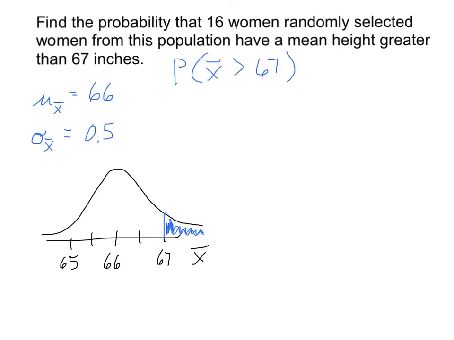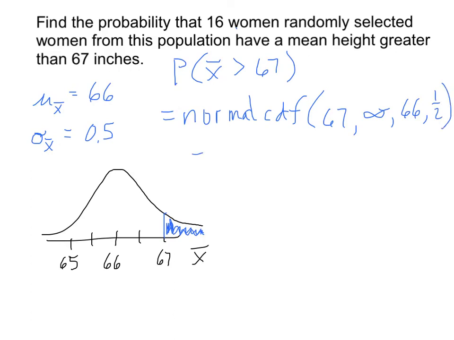The way we're going to solve it is pretty much the same, just making sure that we account for that smaller standard deviation. My mean is 66, but my standard deviation is now 1/2. And the chance of this happening is 0.0228. So here we just have a 2.28% chance that the mean height of 16 women is bigger than 67 inches. That's what we mean by a sampling distribution for the means.